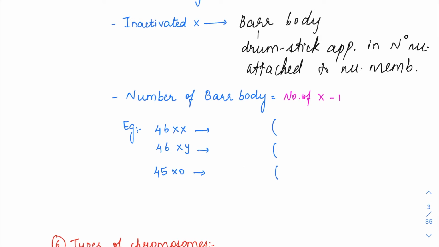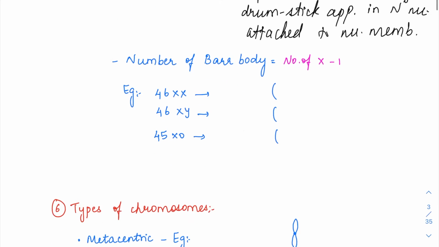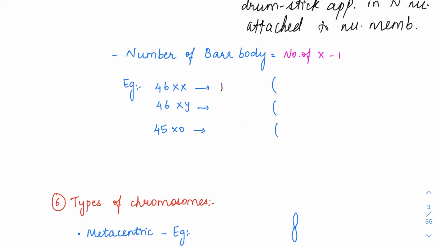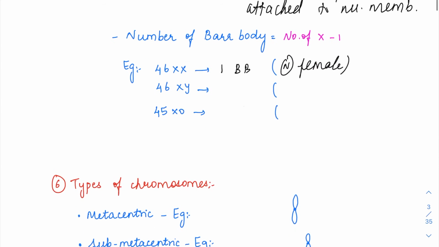So the normal phenotype of a female is 46XX. How many Barr bodies will be present in a female? We have 2X, so 2X minus 1 will be 1. So in the normal female, you are going to have 1 Barr body. In 46XY, that is a normal male, there is only one X, so X minus 1 will be 0 Barr bodies.